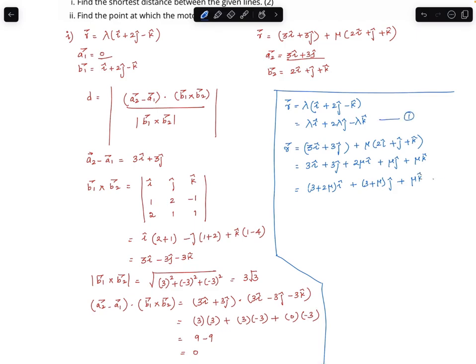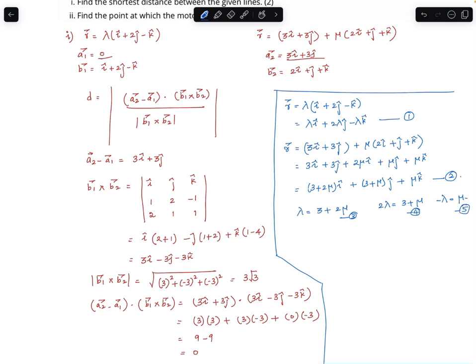Comparing equation 1 and equation 2, we have lambda is equal to 3 plus 2 nu, and 2 lambda is equal to 3 plus nu, and minus lambda is equal to nu. Let's name these equations as 3, 4 and 5.